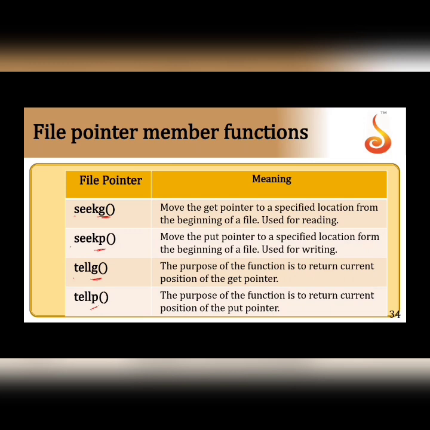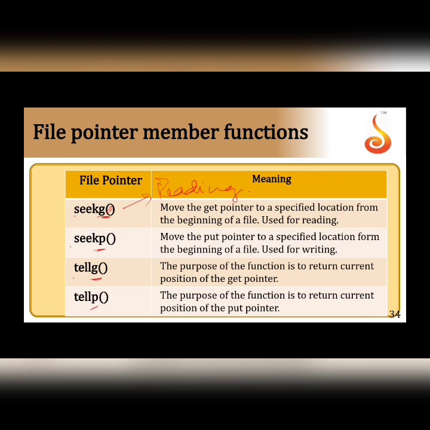seekg moves the get pointer to a specified location from the beginning of the file. So if I pass around 20 as an argument, it will move 20 bytes, that is 20 characters, because each character is 1 byte, and put the get pointer there for reading, because I am using seekg here. So get is associated with reading, correct?